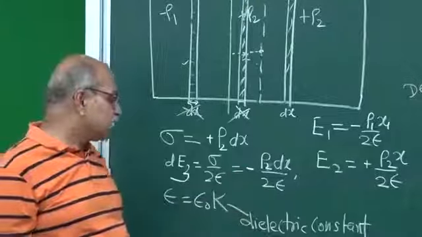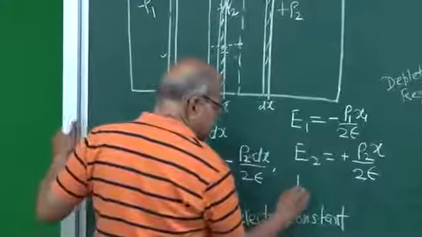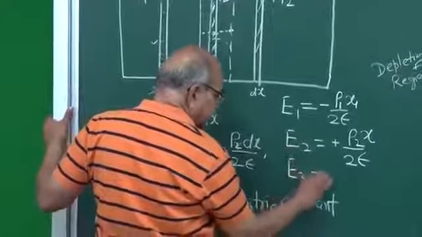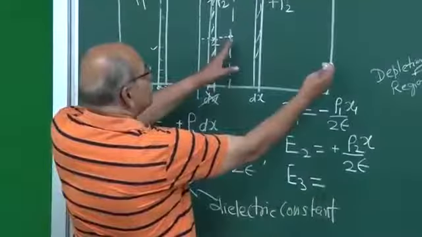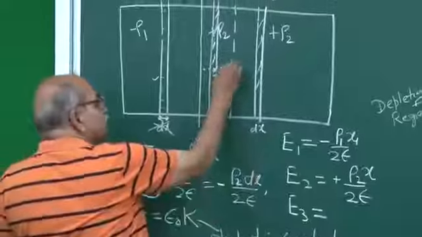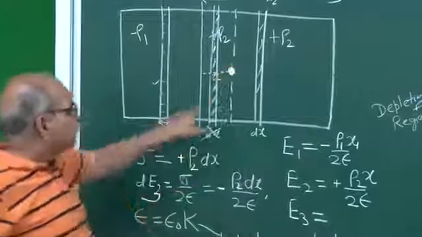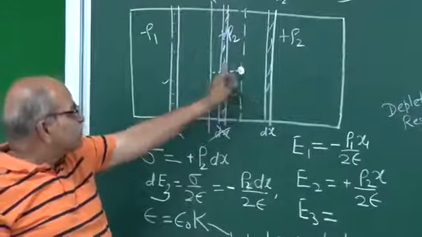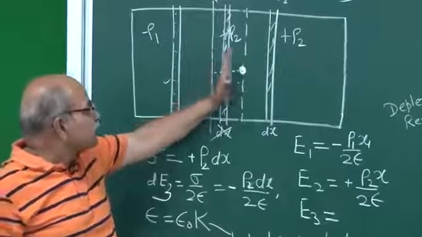And when you integrate this and write what E3 is, that is the field due to this whole part to the right of the point chosen. Always remember, I am trying to find the electric field at this point, which is at a distance x from this junction.